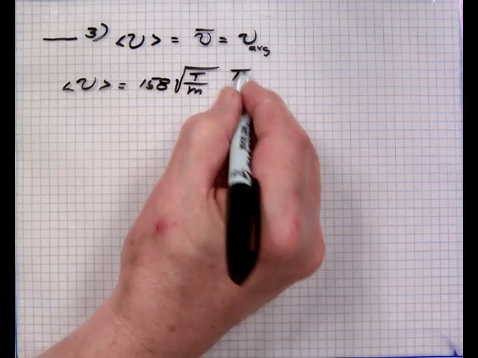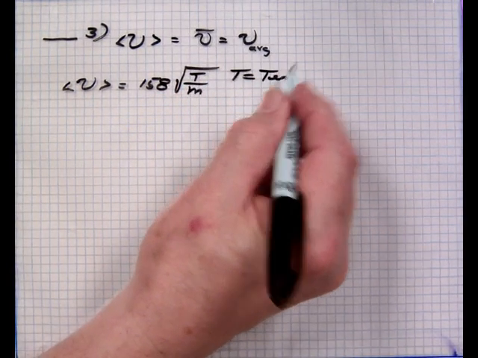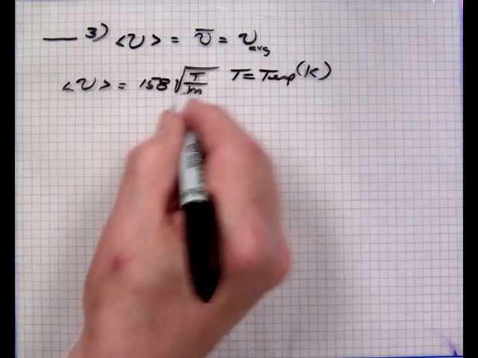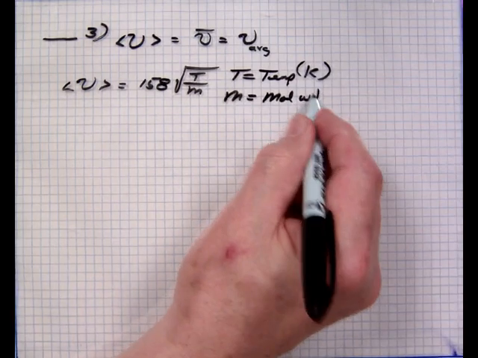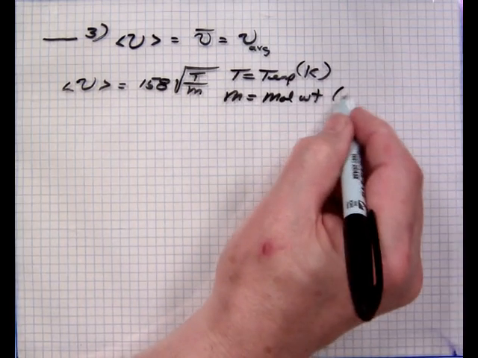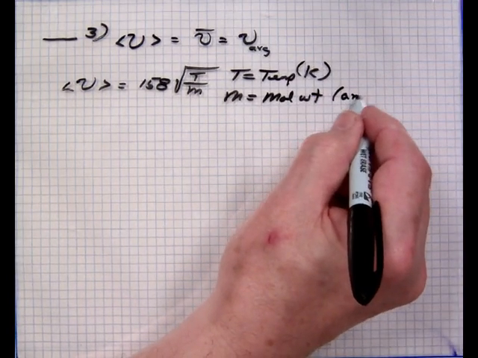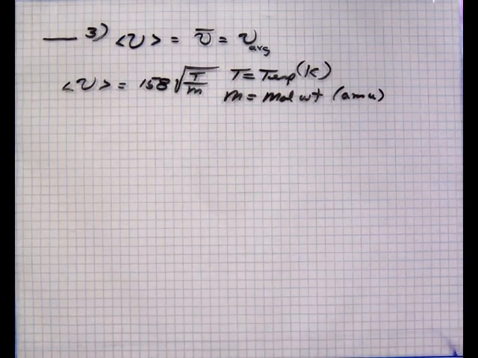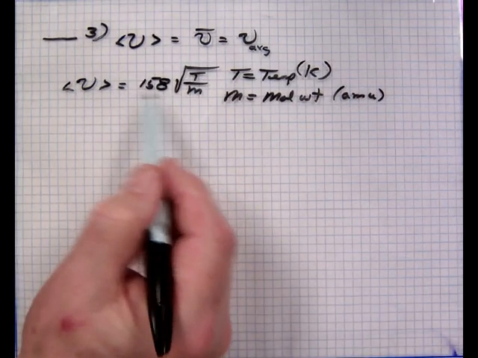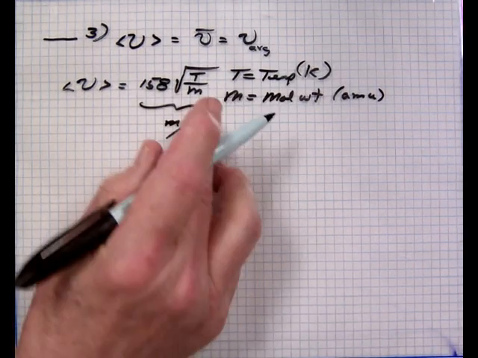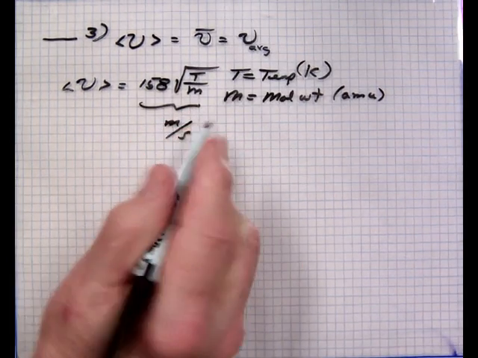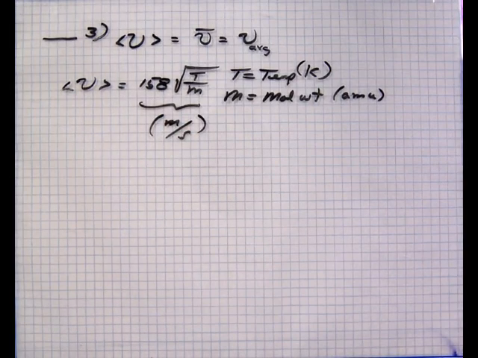Where T is temperature in Kelvin, as you recall, and M is mole weight. And I just literally put atomic mass units. I don't put the units in here because I know the formula that I have is going to come out in meters per second as the velocity units.